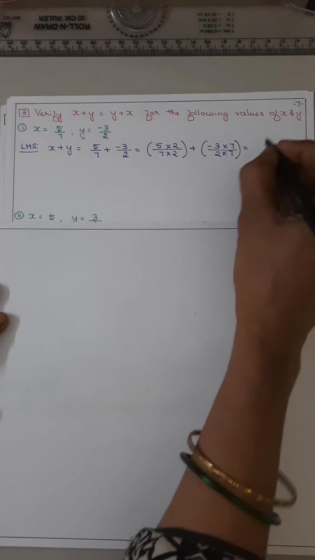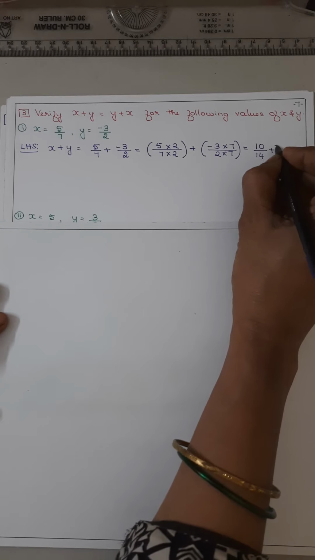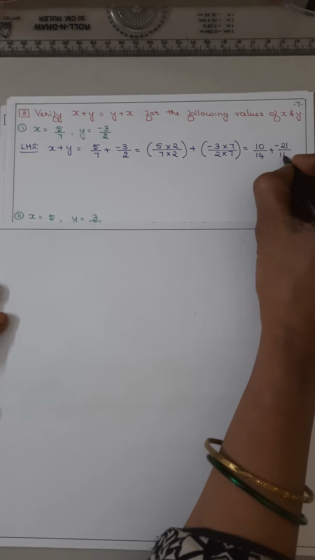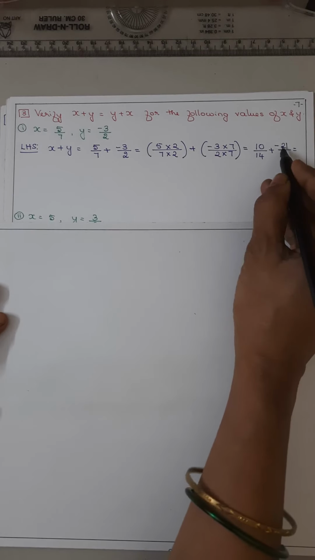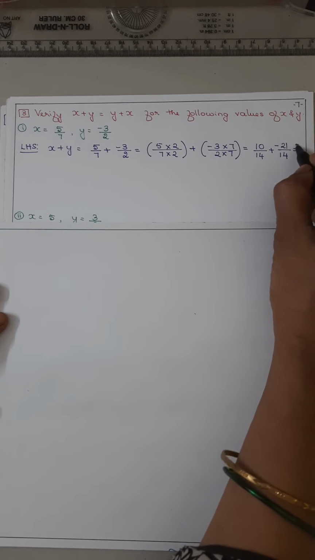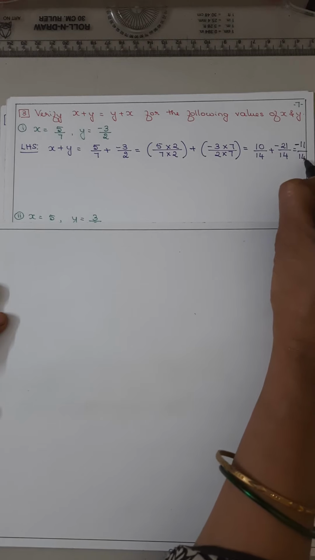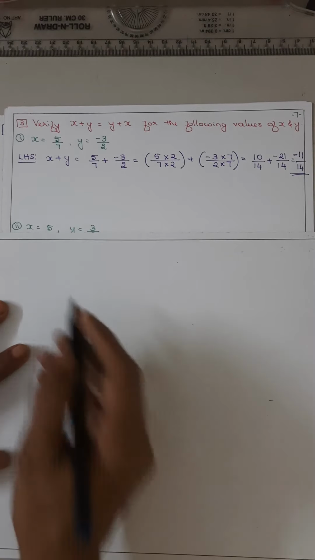Now 5 2s are 10 by 14 plus minus 3 7s are 21 by 14. So you got different signs. So subtract. 21 is bigger, it is minus. 21 minus 10 is 11 by 14. So you got minus 11 by 14.